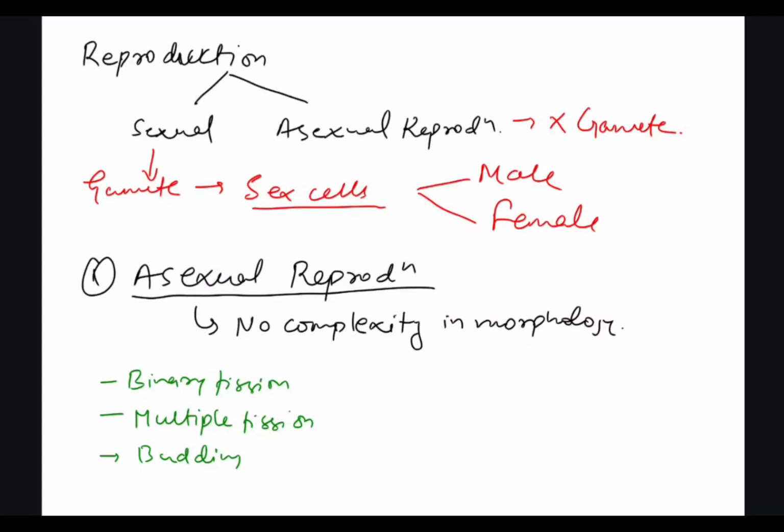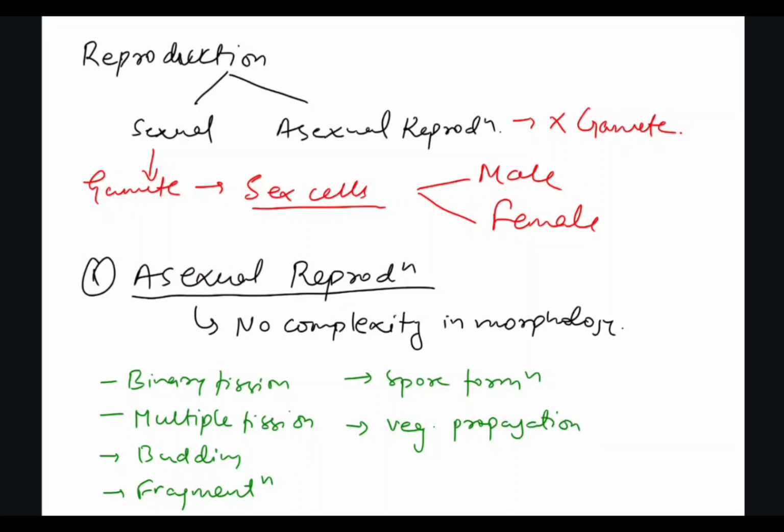Now, in certain plants, or lower organisms, there is fragmentation, right? Then you have spore formation. Along with the spore formation, you have vegetative propagation. Must have heard these terms.